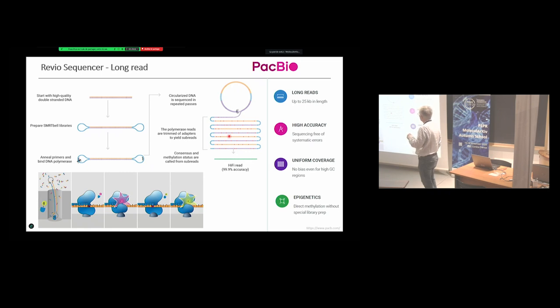And so they were able to perform the reading of the sequence several times. It is always the same notion that is used. And so instead of reading only one time, you will get it several times. And so you improve the quality of the reading, and you can get very high accuracy.